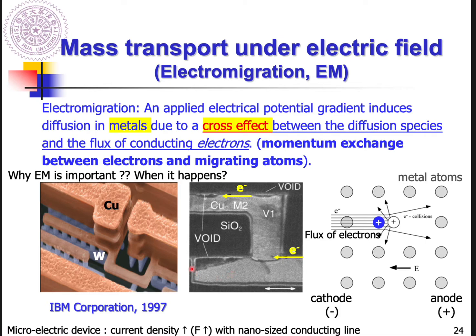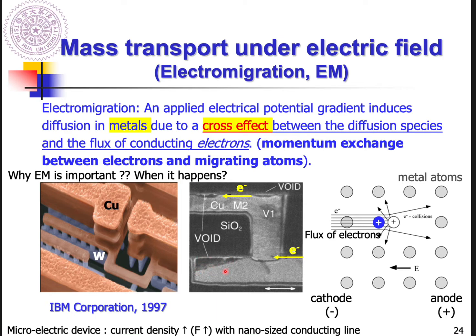But an interesting thing happens here. This region is definitely a region with low current density, right? Because the majority of electrons go through here, not here. So this region is definitely a low current density region, but we also observe the void formation here.